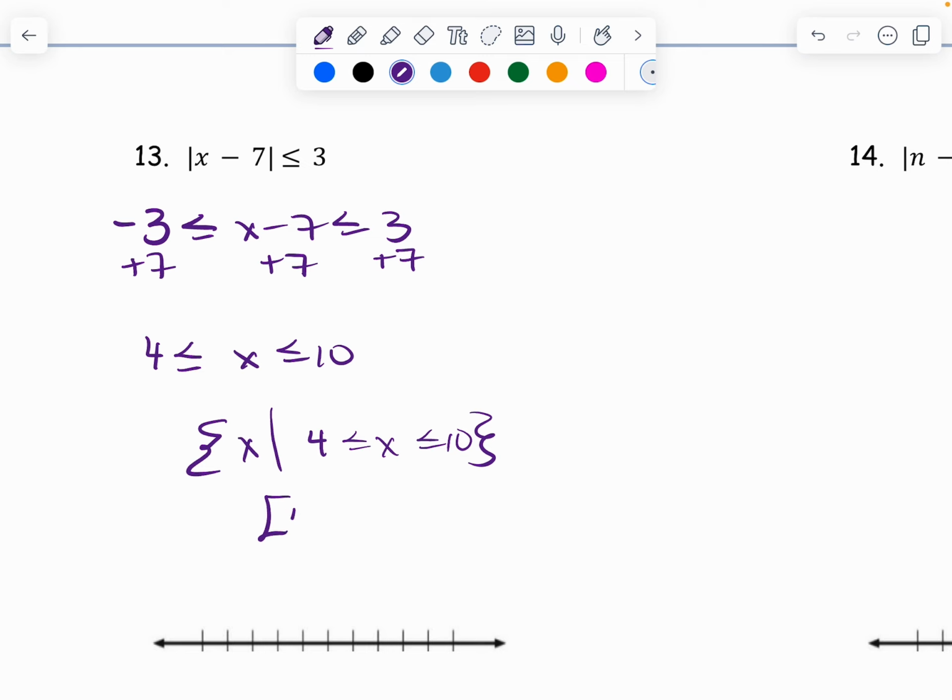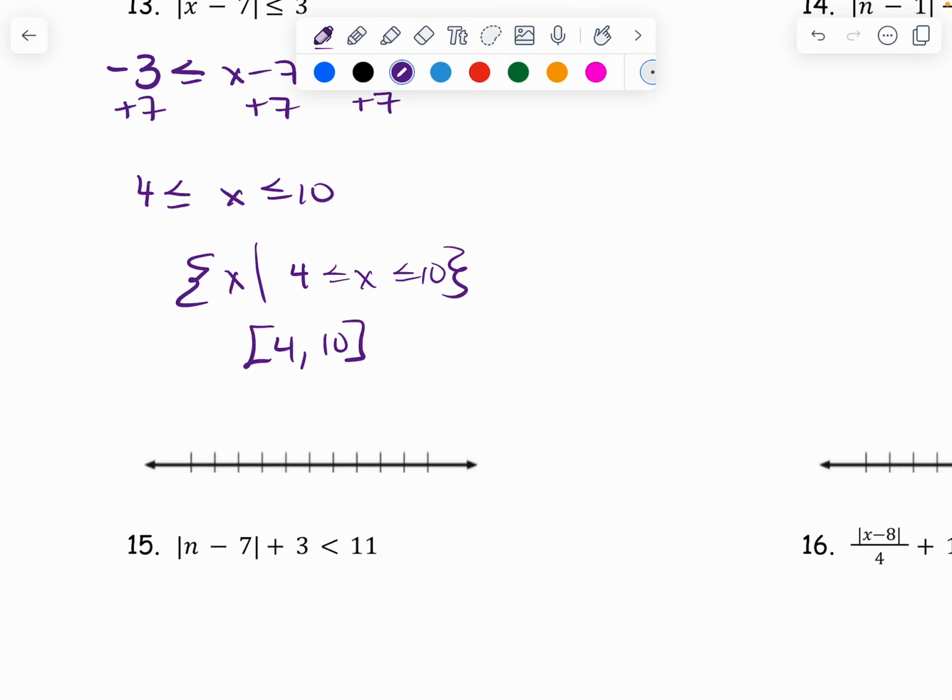So it goes from 4 to 10. And 2, 3, 4, 5, 6, 7, 8, 10, 11, 12. Goes from 4 to 10.